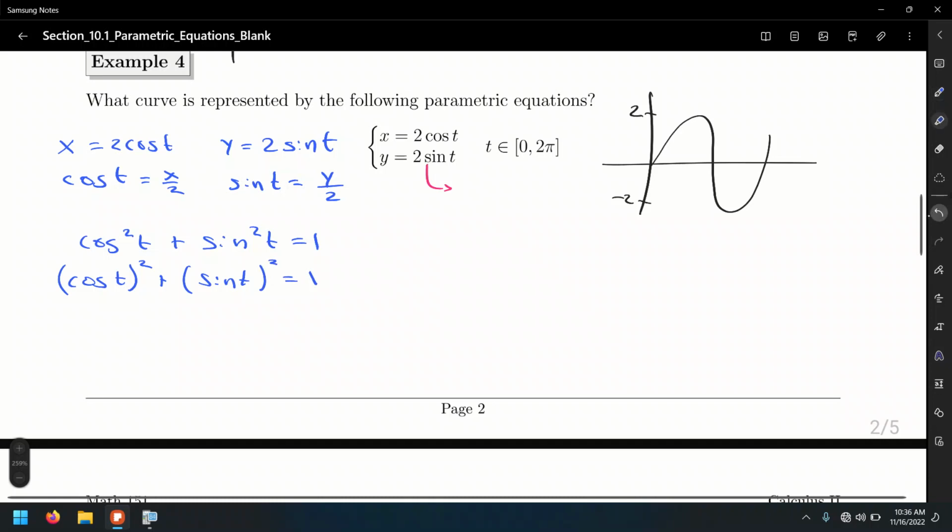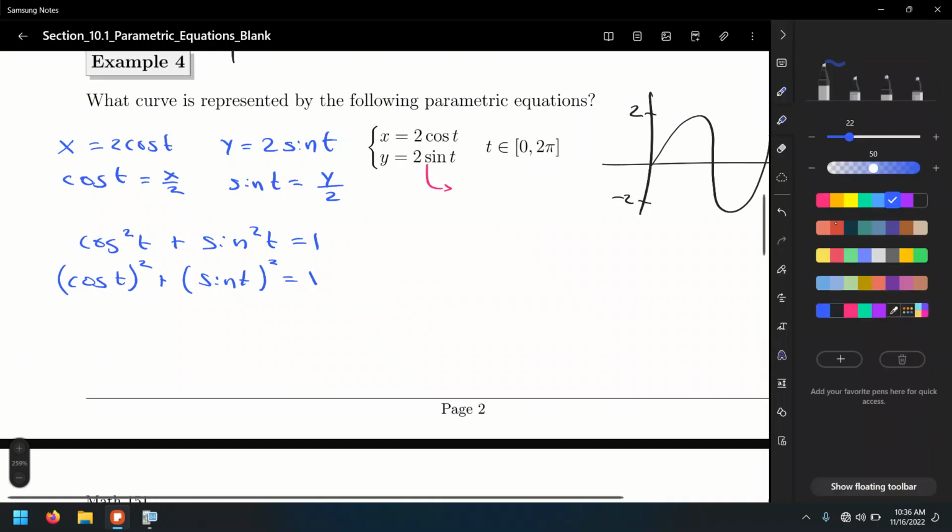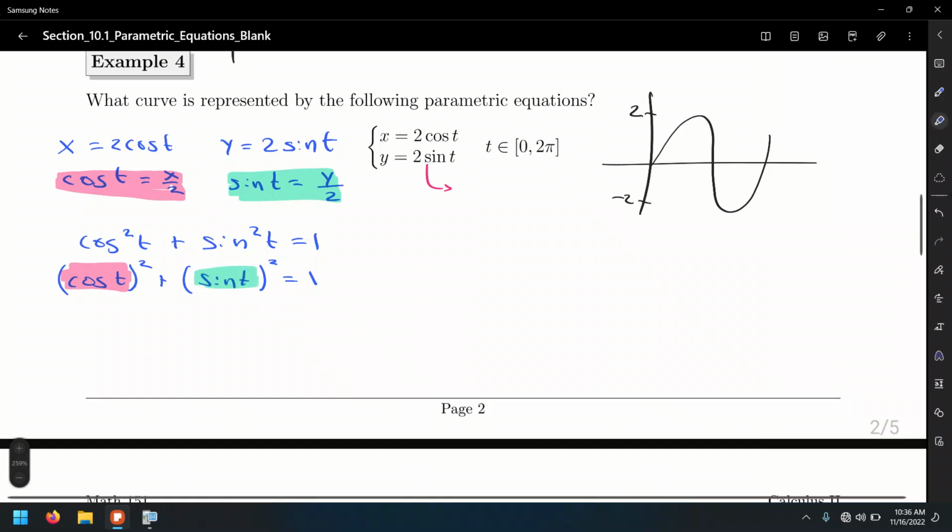Well, all we have to do here is the following. Substitute cosine t equals x over 2, which is this quantity here, and sine t equals y over 2 over here. First of all, x over 2 quantity squared plus y over 2 quantity squared equals 1.